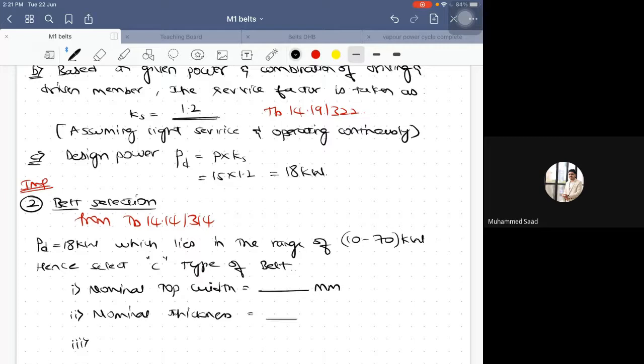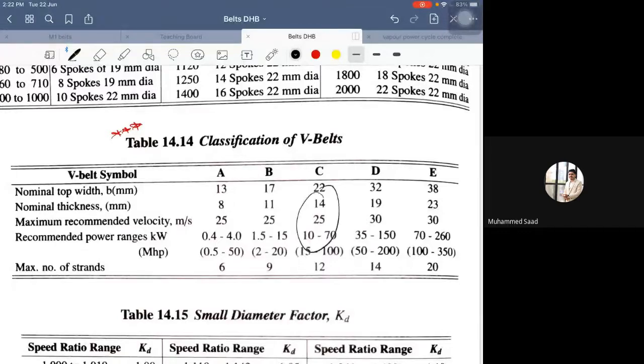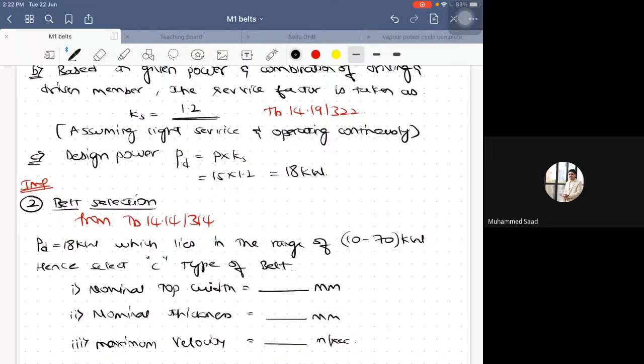Next, maximum velocity, Vmax. I have all the values here in the data handbook. So nominal top width is 22 mm, nominal thickness is 14 mm, and maximum velocity is 25 meters per second. When you note down all these values, your second step gets completed.